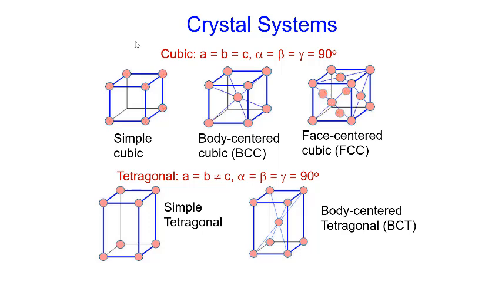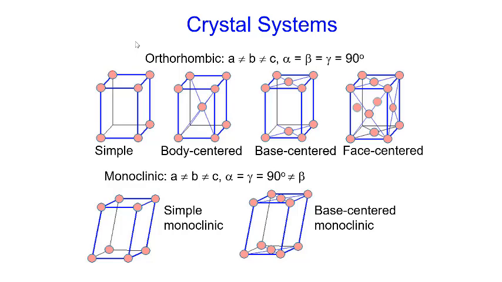For tetragonal, we have two Bravais lattices, simple tetragonal and body centered tetragonal or BCT. So here we have 5 and 9 more to come. In the orthorhombic, we have all 4: simple, body centered, face centered and also base centered, in which you have a lattice point at the center of a pair of opposite faces.